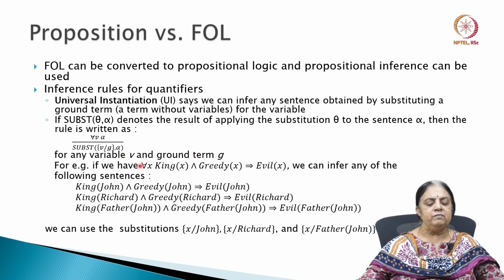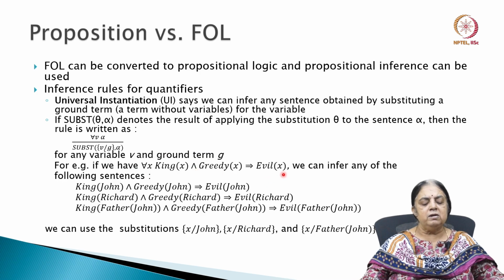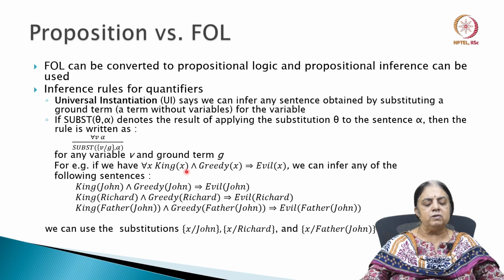So for example, if we have for all x, King(x) and Greedy(x) implies Evil(x), then instead of x you can put John or you can put Richard, etc. If you put John for x, you will get King(John) and Greedy(John) implies Evil(John), or King(Richard) and Greedy(Richard) implies Evil(Richard). So what you have done here is substituted for x a ground term, which is John or Richard.